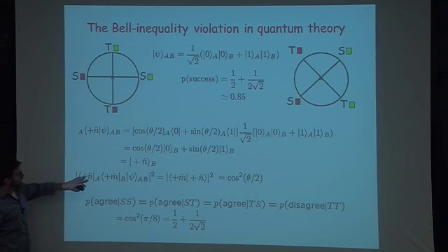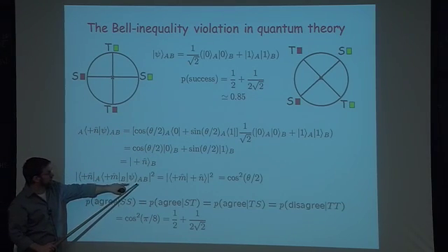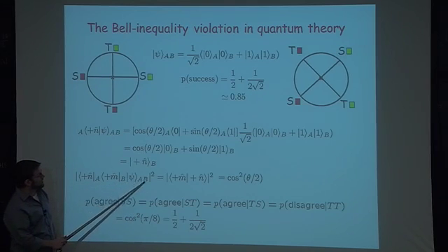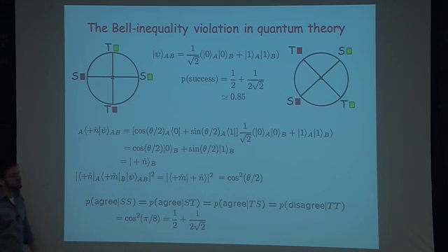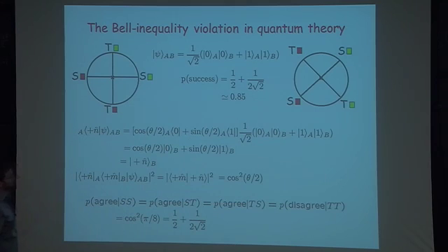I just take the overlap of plus n tensor plus m with psi, mod squared. But I know that this acts on psi and leaves me with an n state on B. So it's just the overlap of m and n on B, mod squared. And that's just cos squared theta over 2, where theta is the angle between m and n.